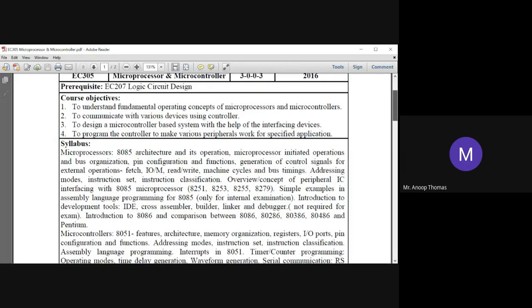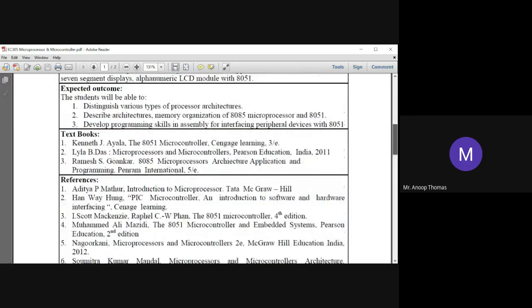Now, moving along. The expected outcomes of this syllabus will be to understand the architectures of processors, to understand the working of 8085 and 8051, memory organization of it, the programming of it, the assembly language programming, again with the interfacing of peripherals with 8051.